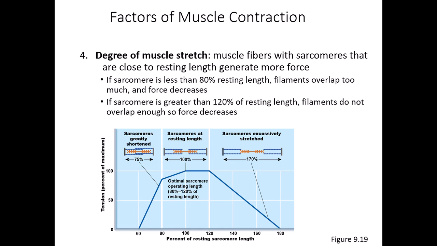So this graph is showing you on the x-axis the length of the sarcomere, and on the y-axis, again, we have that tension measurement. So at the optimal length, between 80 and 120% of the normal sarcomere length, we get our maximum tension, and then less when the sarcomere is too short and less when the sarcomere is too long. So you see those decreases from that optimal length.